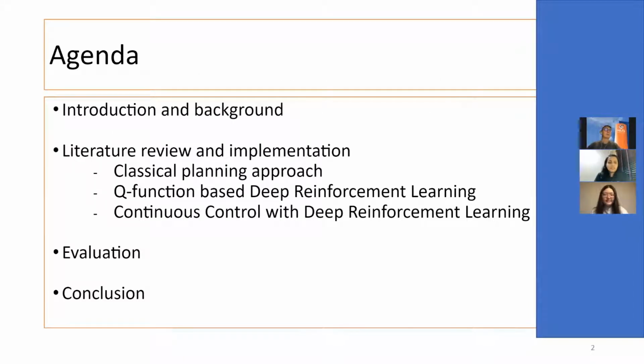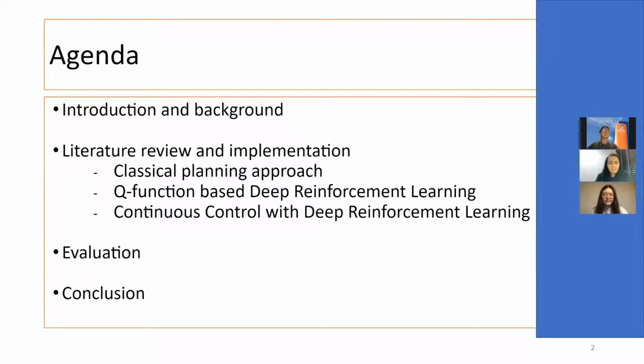So this is roughly the agenda for this video. First, I will give you a bit of introduction and background to our problem that we've chosen. And next, we'll move on to the literature review of the three research works that we have chosen. And as you can see, the first paper primarily deals with the classical AI planning approach.